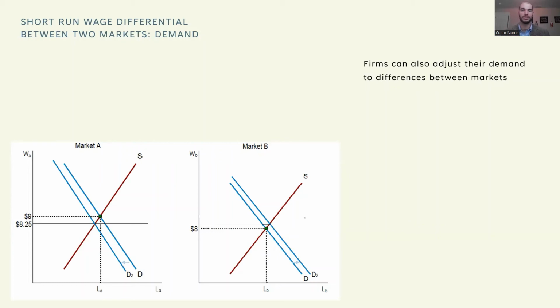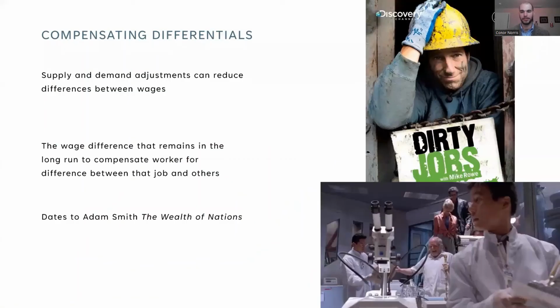But we may see it in some cases, like if we're looking at two nearby labor markets with slightly different costs of living. Over time, changes in demand may be able to completely eliminate the wage differential. But typically, especially if we're looking at things like skill-based wage differentials, we're not going to see enough changes in supply or demand to be able to completely eliminate them.